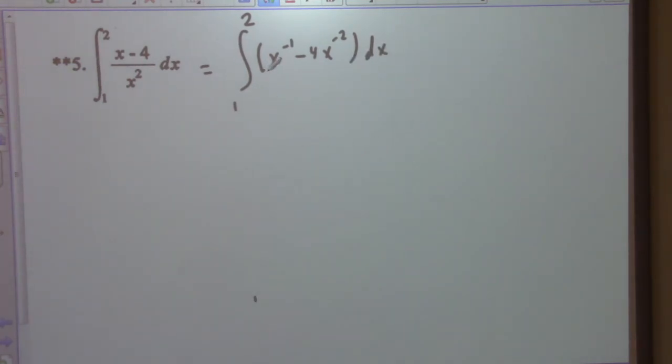Now, if we take the exponent of x and add 1 to it, what do we get? 0, and what do we have to divide by? 0. Whenever this happens, I want you to say, dun dun dun.